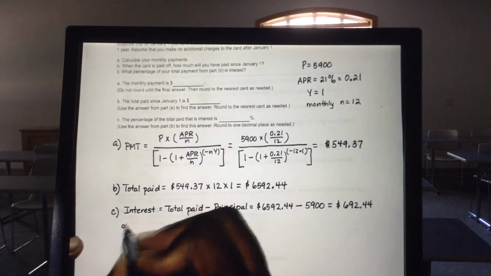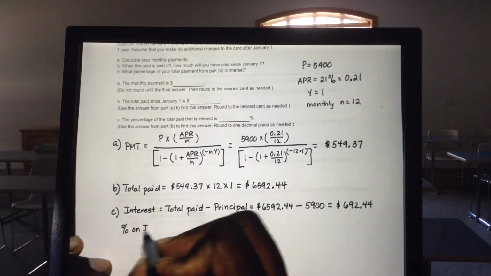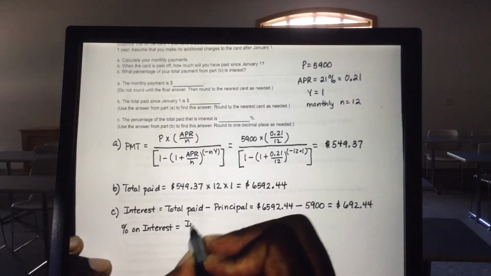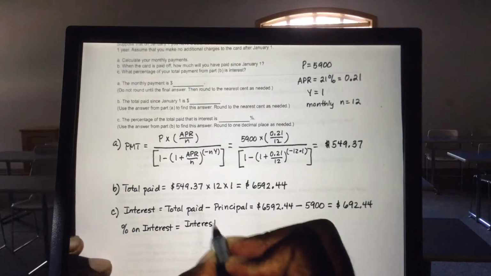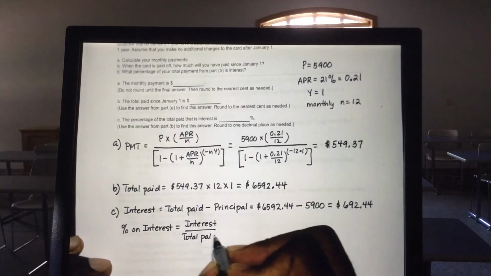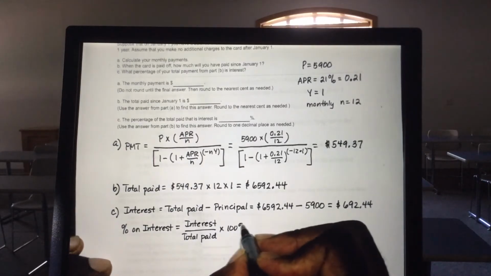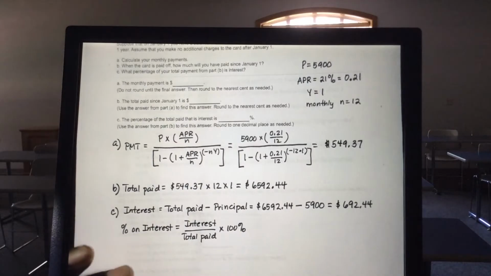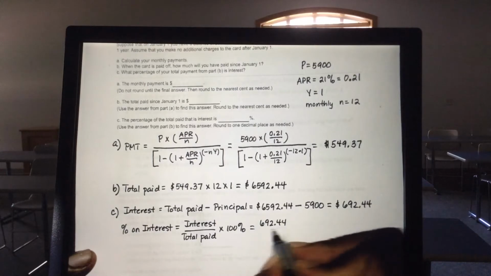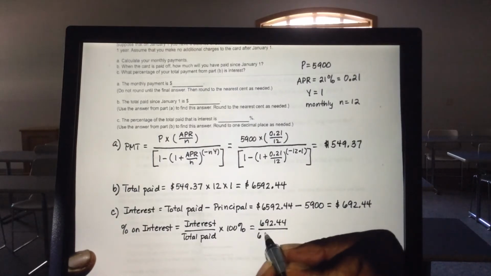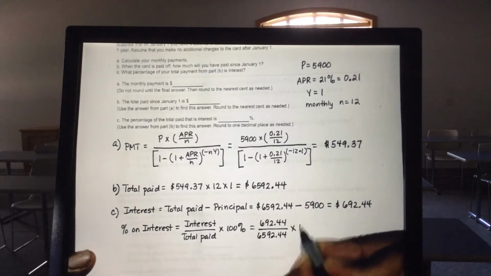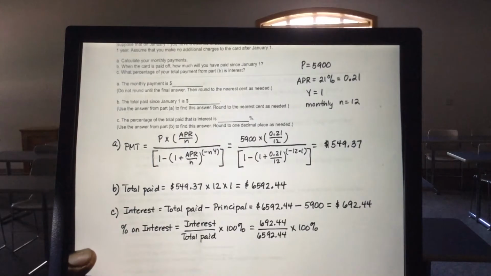So the percent on interest is, of course, the interest paid. I'll just say interest divided by the total amount that's paid times 100%, because we want to change that to a percent. So the interest is $692.44 divided by the total paid of $6,592.44 times 100%.